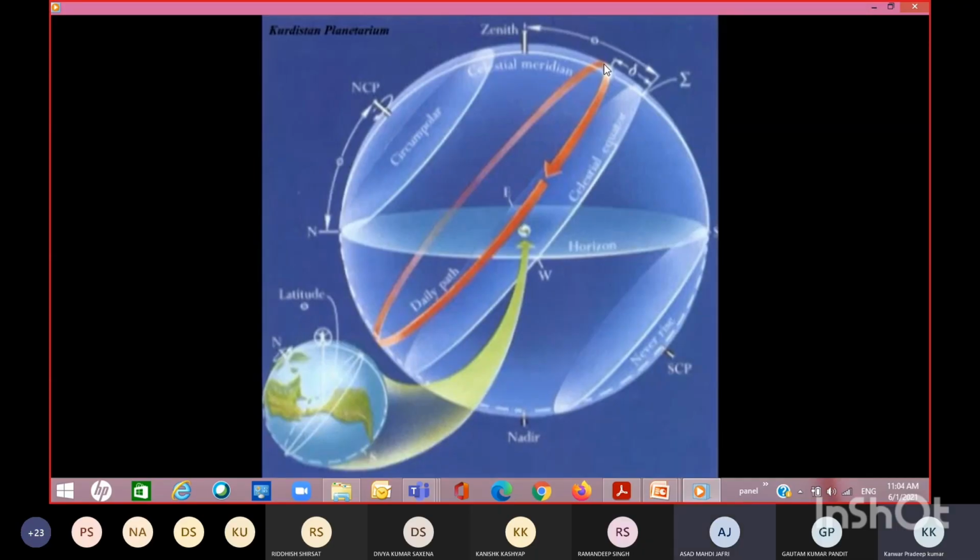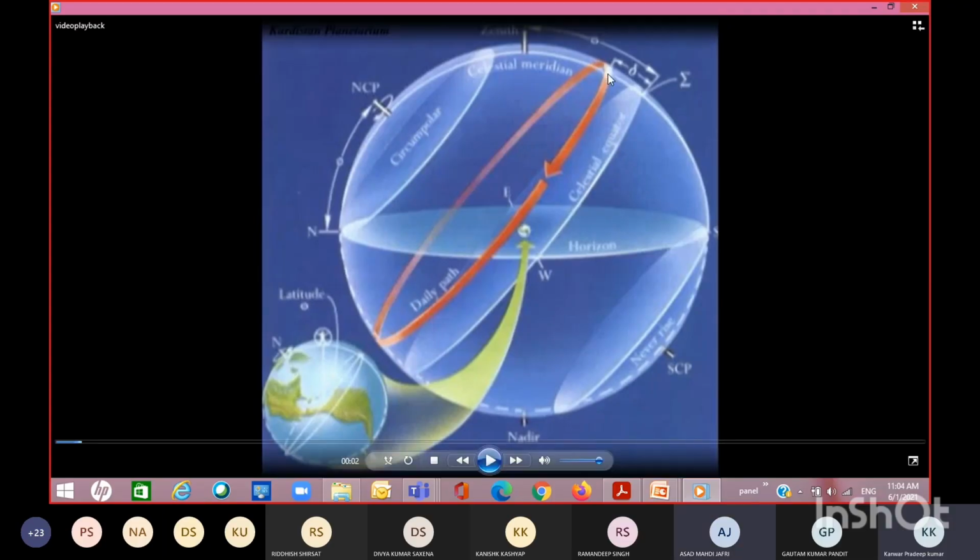Set. So the altitude will fall down, will decrease. The altitude is coming down, down, down. The body now has come on the western side of the observer. LHA 0 degrees and increasing till the body is set over here.